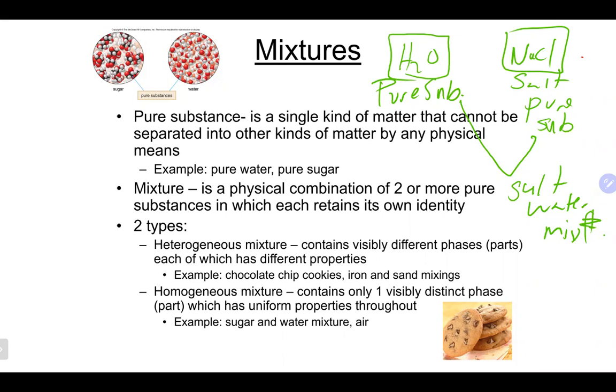One really important thing about mixtures is that no matter what type of mixture it is, whether homogeneous or heterogeneous, you can separate them by physical means and basically recover your original substances in their original form.